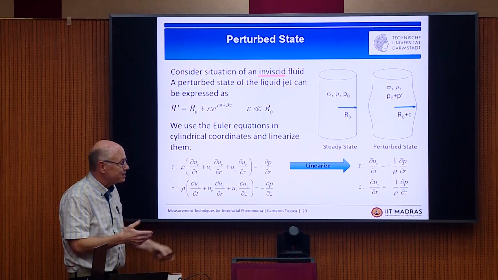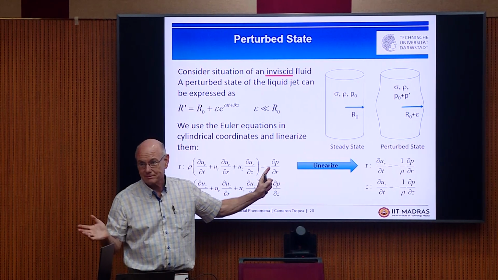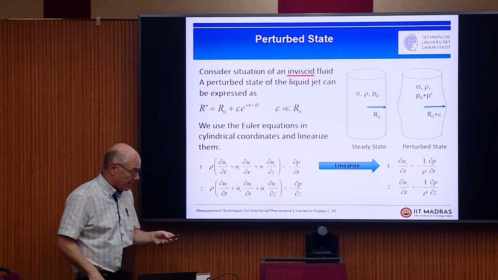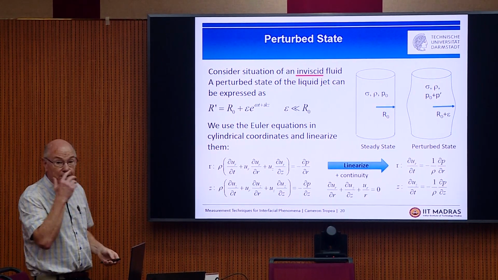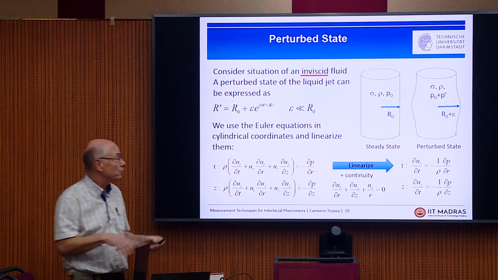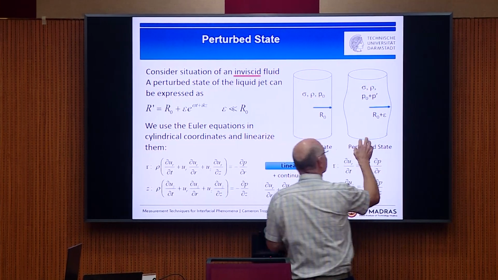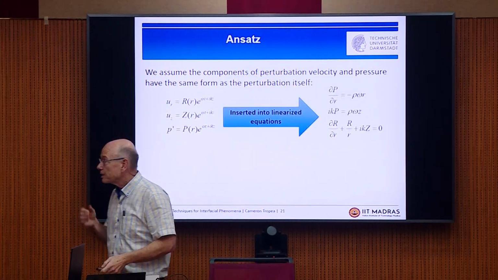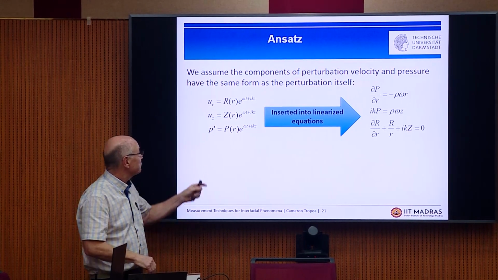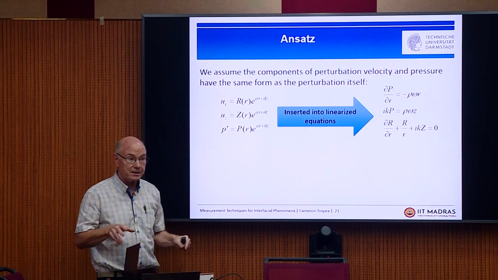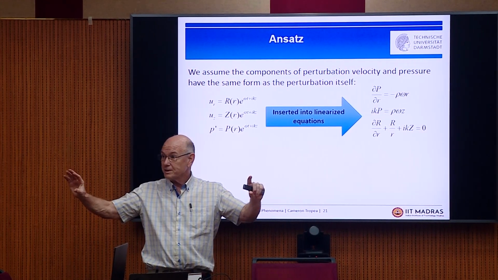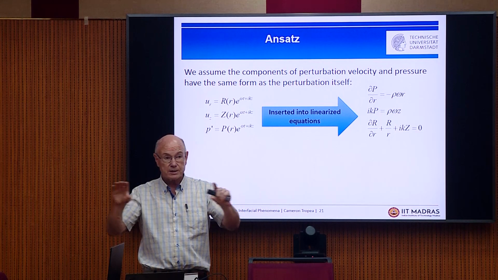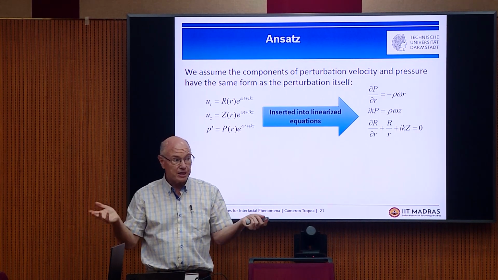So we have two equations, and now you can see we're simplifying. So it's not too difficult. And then we have the continuity equation in cylindrical coordinates. So whatever goes from here to here, we have to account for that in continuity. And so now we continue and we say, okay, we have now velocities. Normally everything would be zero. But now we're going to say, well, each velocity changes slightly.